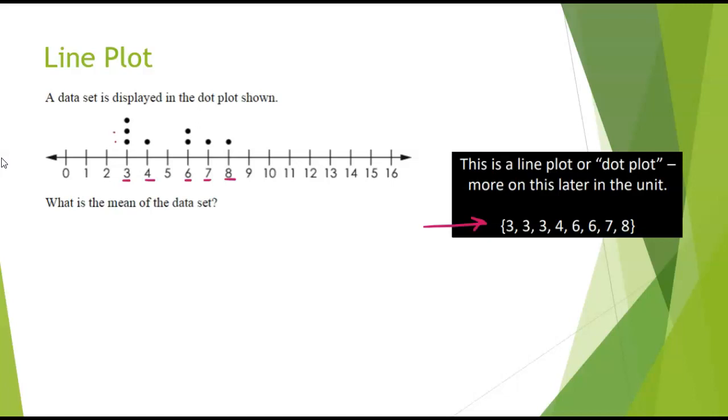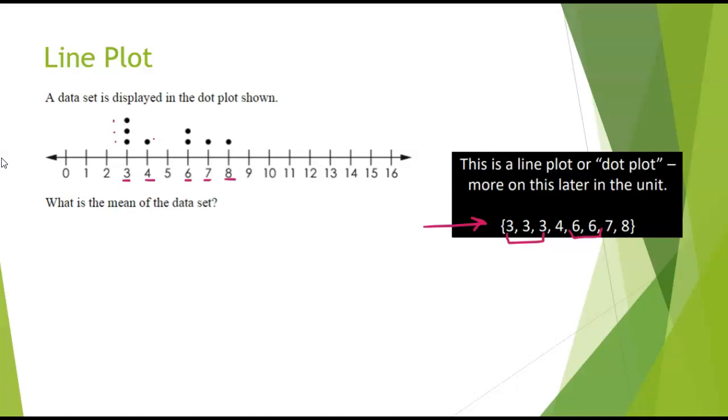There's a second dot and a third dot because we have 3 3s in our data set. We have 1 4, so we put that there. We have 2 6s, so we have to put 2 dots over the 6. And we have a 7 and an 8.